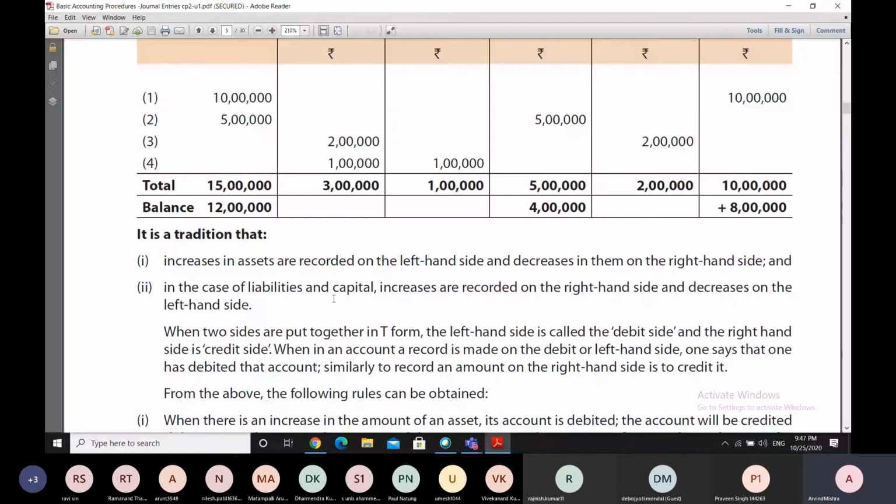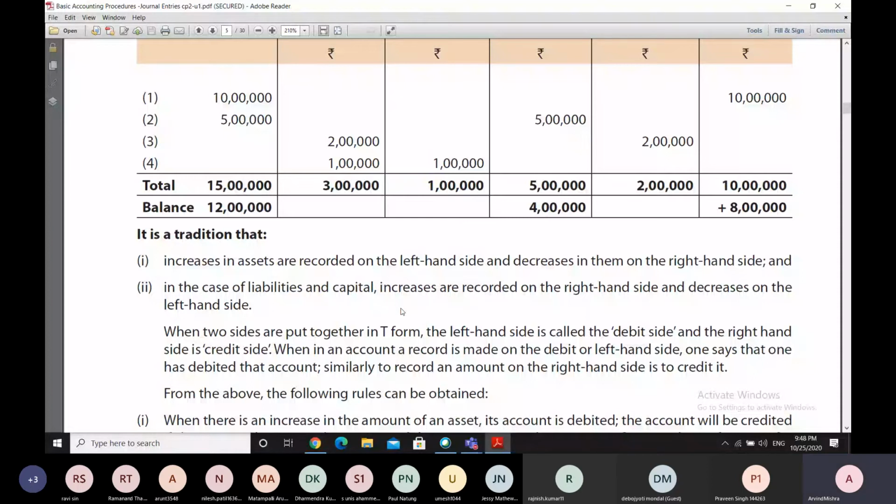And in case of liabilities and capital, the treatment is the very opposite. That means that when liabilities and capital are increased, they are recorded on the right hand side, and when they decrease, they are recorded on the left hand side. So this has been a tradition.